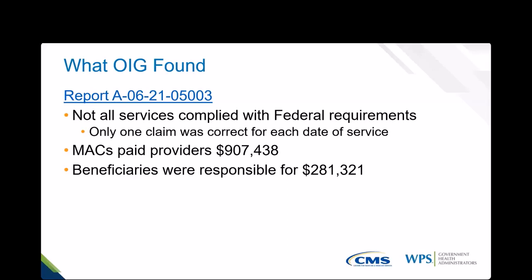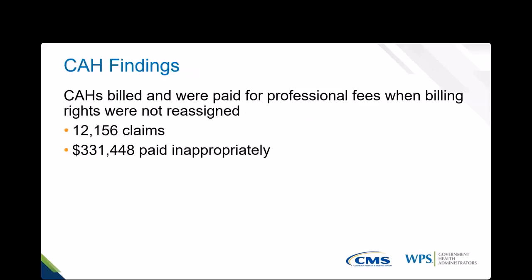If we break down those findings and we start with the hospital, for the critical access hospital, what was found was that 12,156 claims from critical access hospitals who billed and were paid for professional fees when the billing rights had not been reassigned totaled $331,448. So that's the amount that was found to have been paid inappropriately.